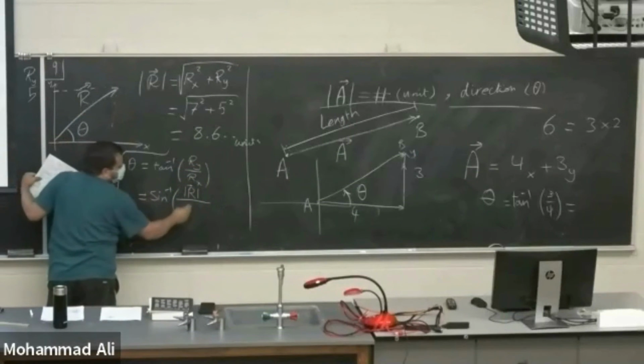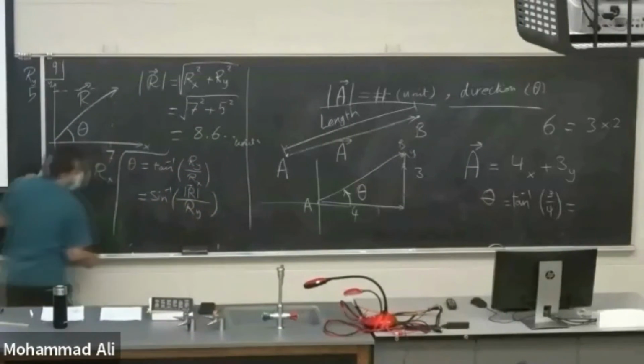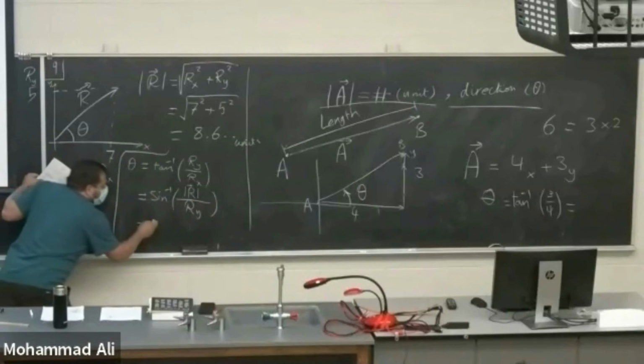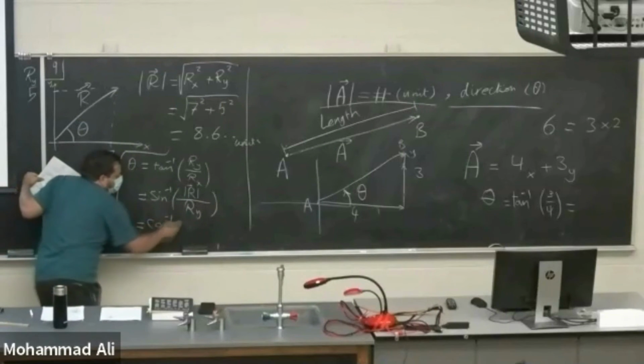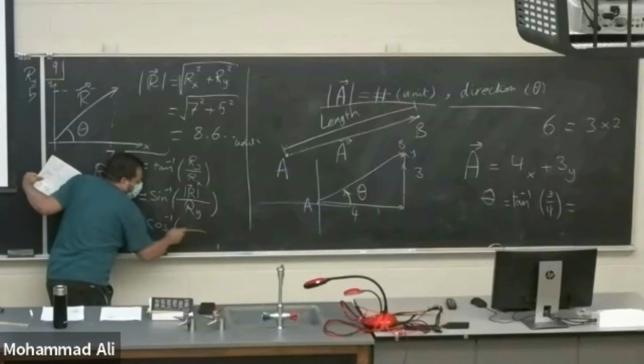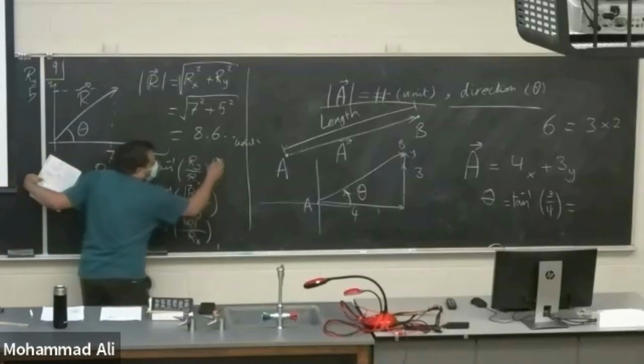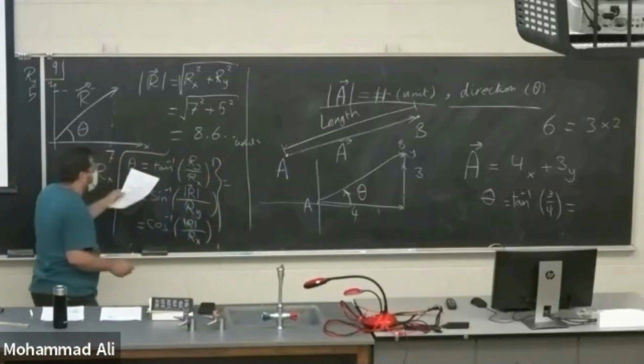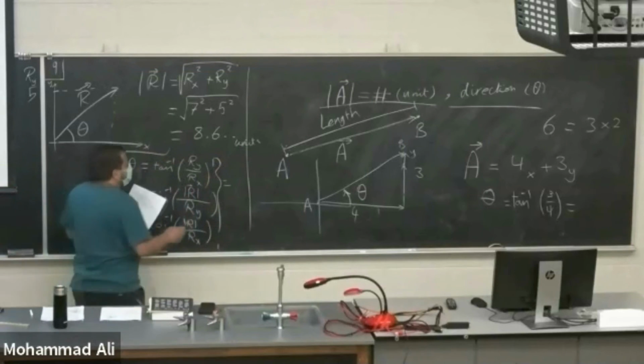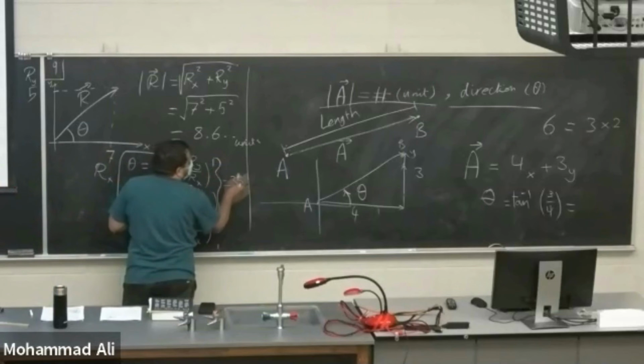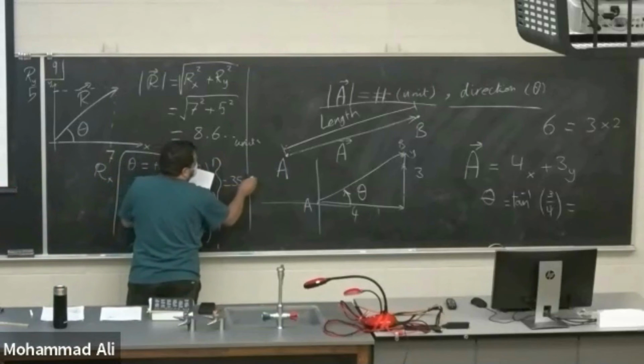Or it is equal also to cosine inverse of Rx over the length of R. All of them will give me the same theta, which is 35.53 degrees.